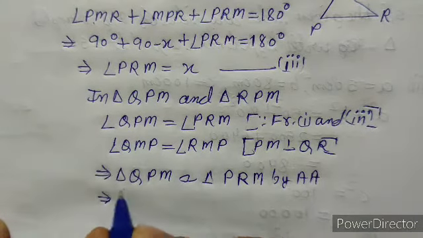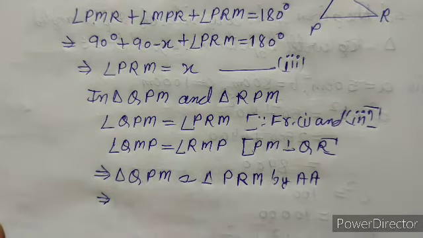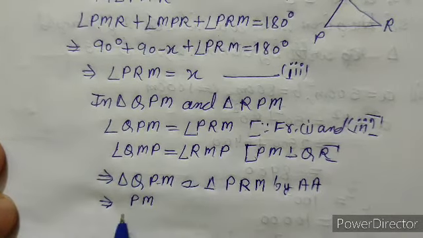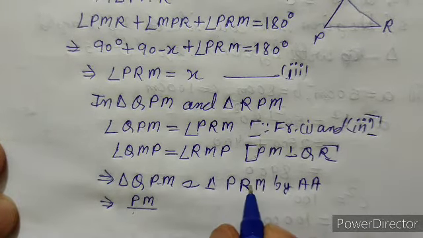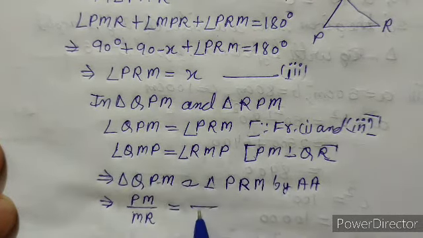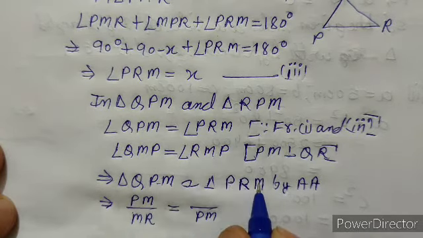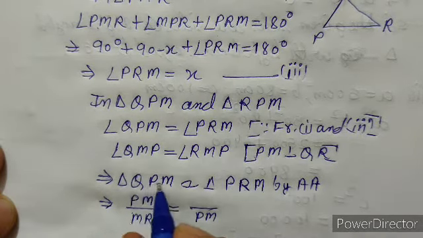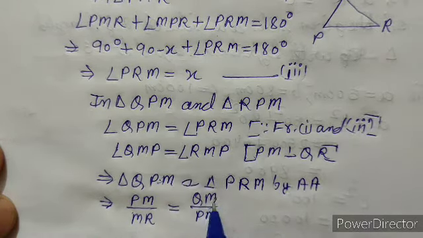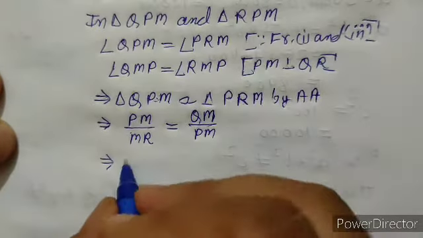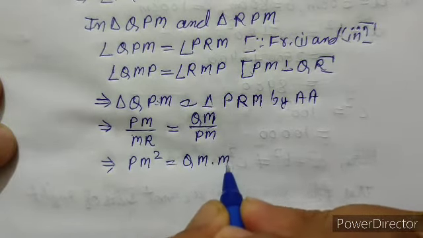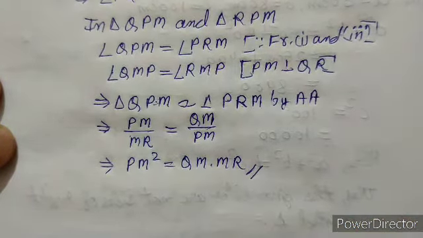And as we know that the corresponding sides of similar triangles are in equal ratio, so here from the first triangle, if we take PM, its corresponding side in the second triangle is RM, which can be written as MR, and that equal to, if we take PM from the second triangle, then its corresponding side in the first triangle is QM or MQ, and that will be QM. And cross multiplication, we will get PM square is equal to QM into MR. And this is the proof of question second.